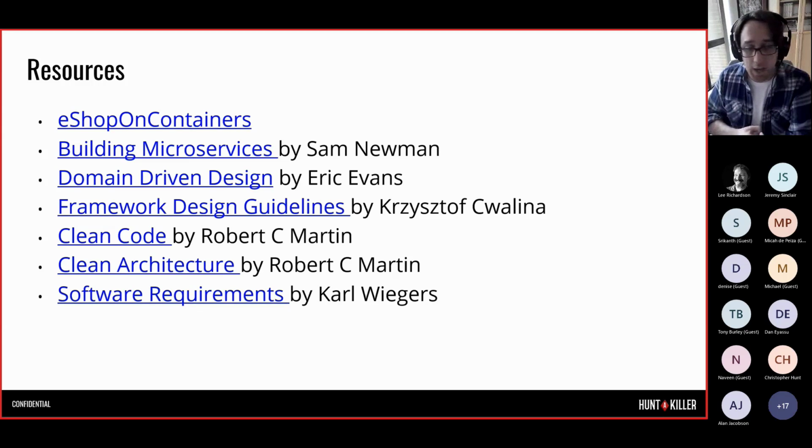This ends up touching on so many best practices and tools and technologies that I encourage anyone and everyone who's interested in walking the path of transitioning from a monolith to a microservice to take a look into.